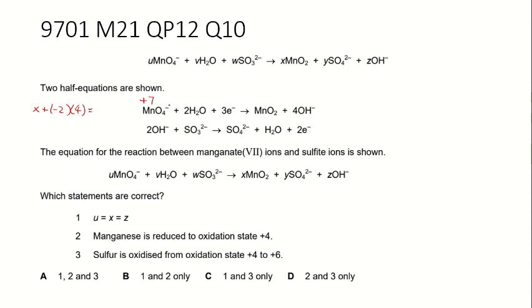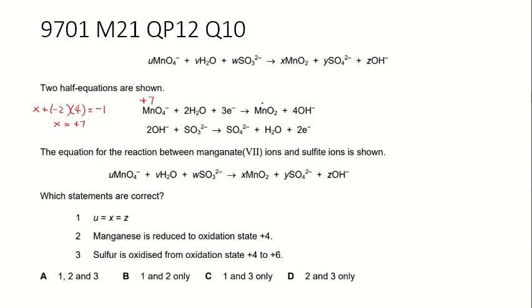So multiply by 4. Now overall charge is negative 1. So from here, I'll be able to rearrange and find the oxidation state of manganese, which is plus 7. So manganese has a plus 7 oxidation state in this manganate ion.